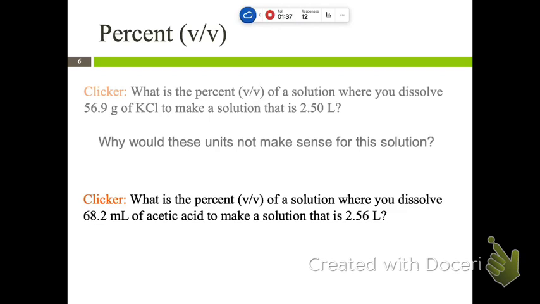Thank you. Cool. What's the other thing you can do? No, instead of converting both of them to milliliters.